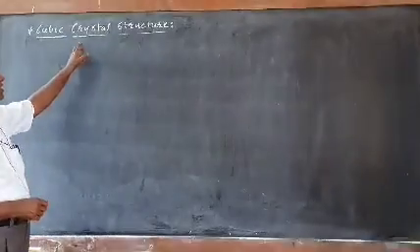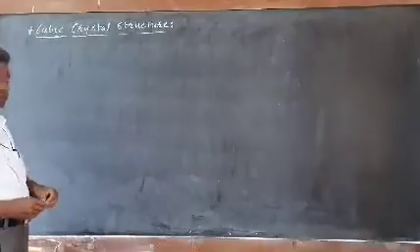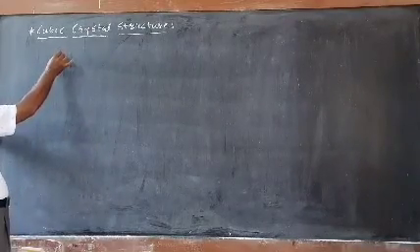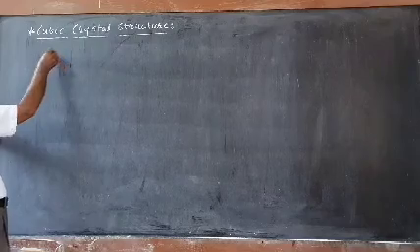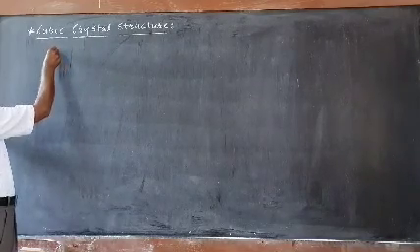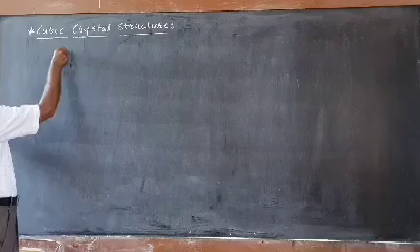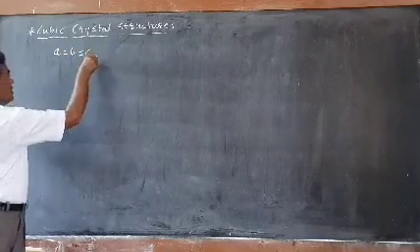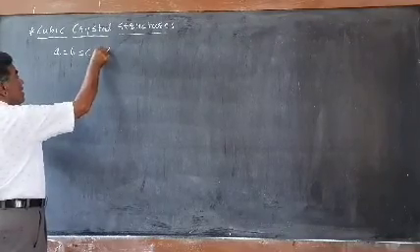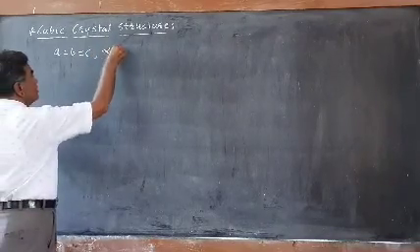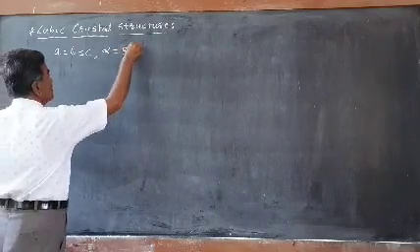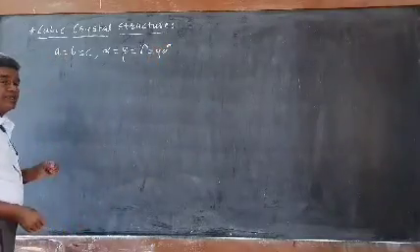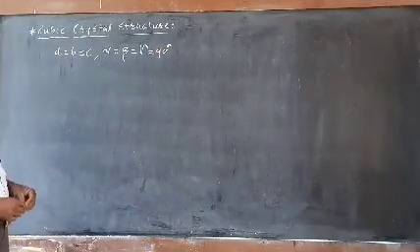We know the cubic unit cell, and a cubic unit cell can be obtained by putting conditions on the axial lengths, that is A is equal to B is equal to C, and the interaxial angles alpha is equal to beta is equal to gamma is equal to 90. Then the cubic unit cell is formed.